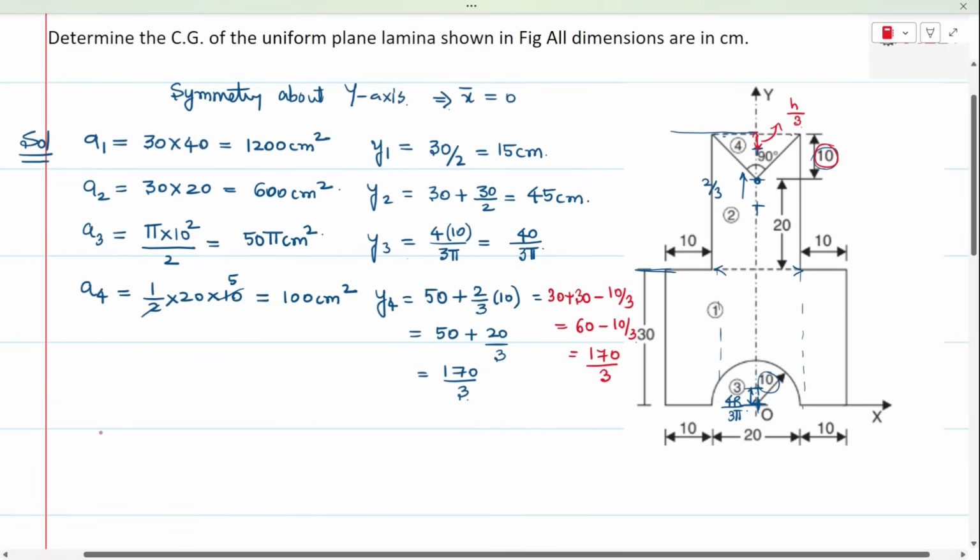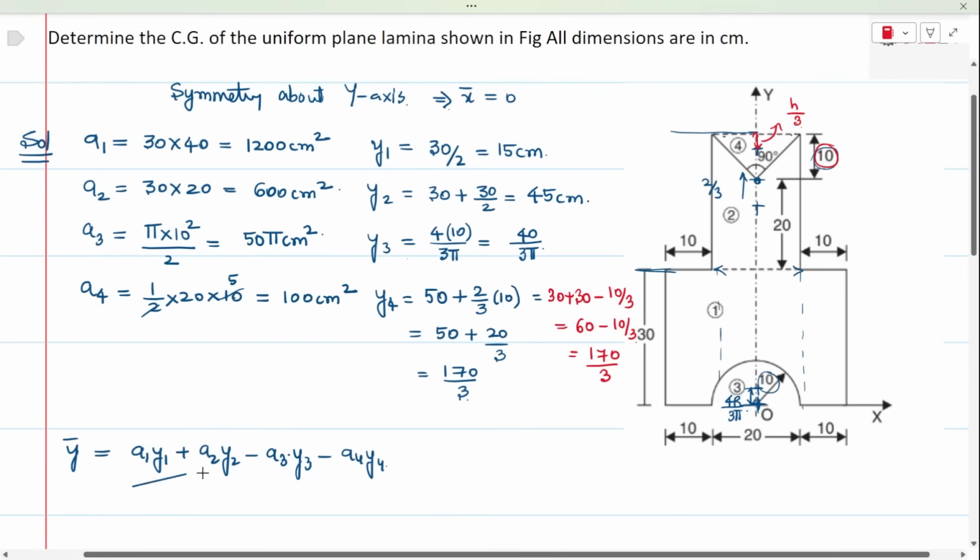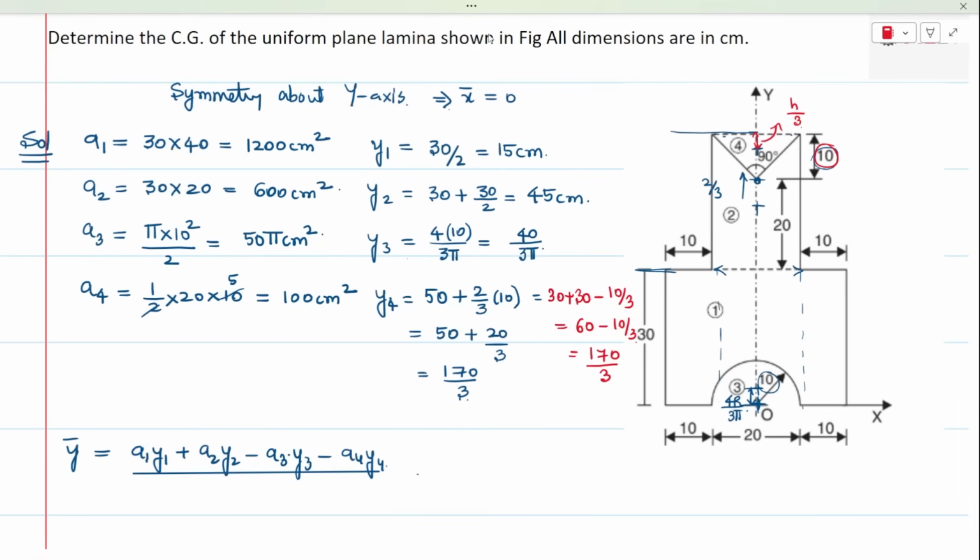Now the location of y bar is equal to A1 y1 plus A2 y2 minus A3 y3 minus A4 y4, divided by the summation of areas and subtraction as well, so A1 plus A2 minus A3 minus A4.